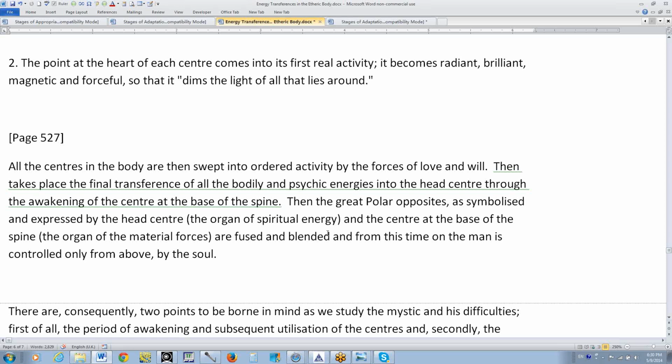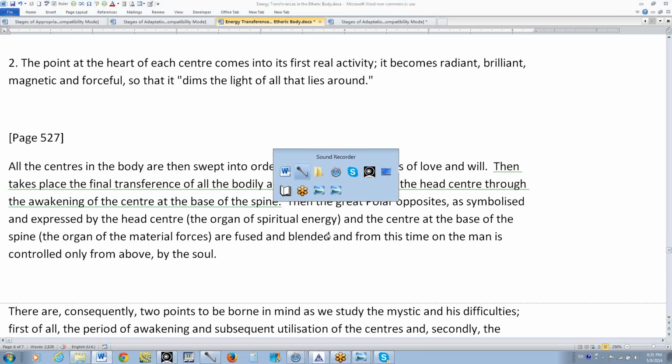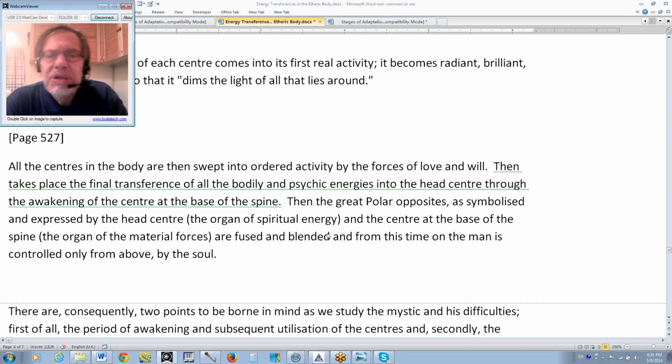Shall we say that this occurs around the period of the, well, certainly following the third initiation, perhaps the period of the fourth, and really, if you think about it, even the fifth initiation could be involved, though we will see by that time that the Egoic Lotus is no longer in existence.